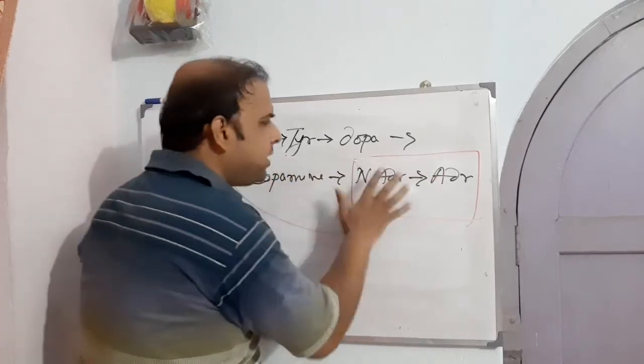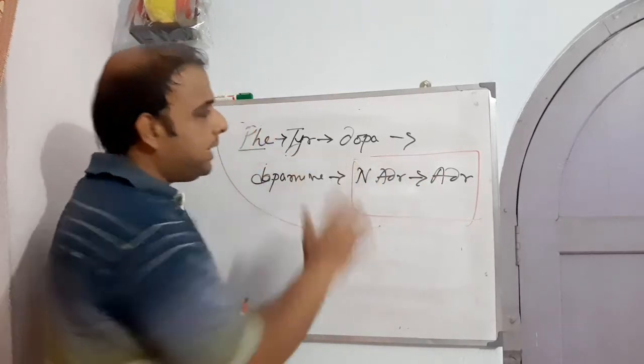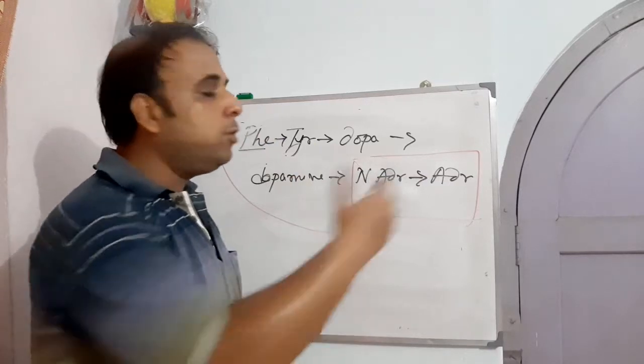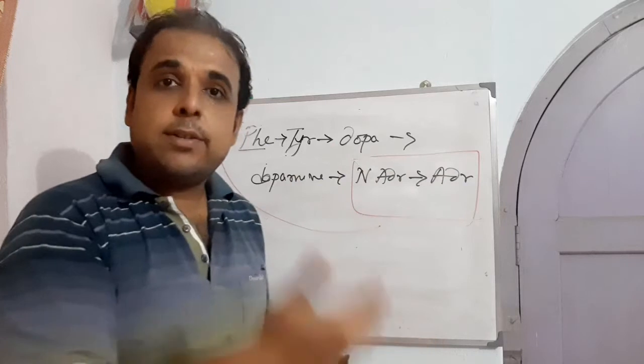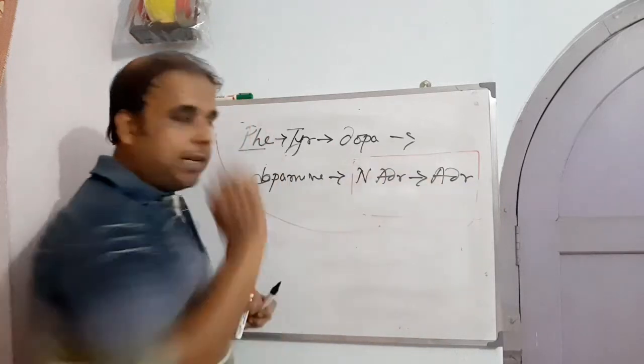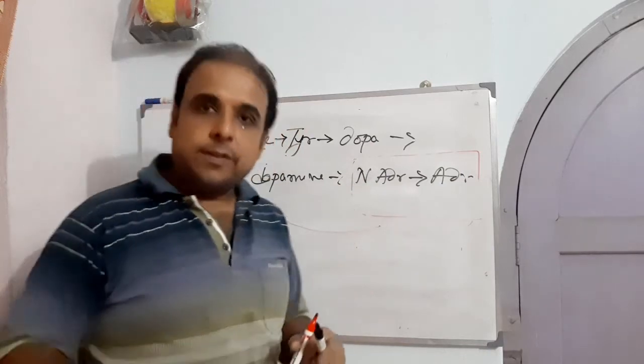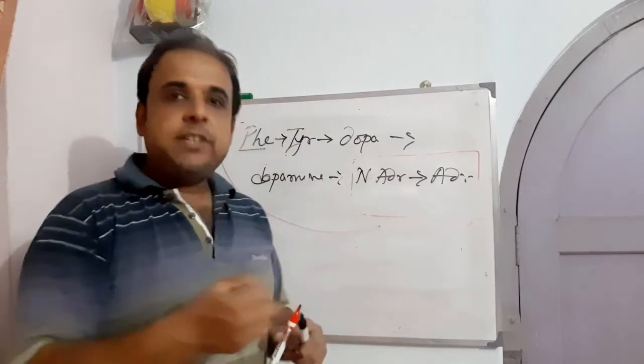So different locations are there where different intermediates are produced and then transferred to the next location, so that finally we can get noradrenaline as well as adrenaline. And once they are formed, they are stored within the storage vesicles, which are placed presynaptically, right?